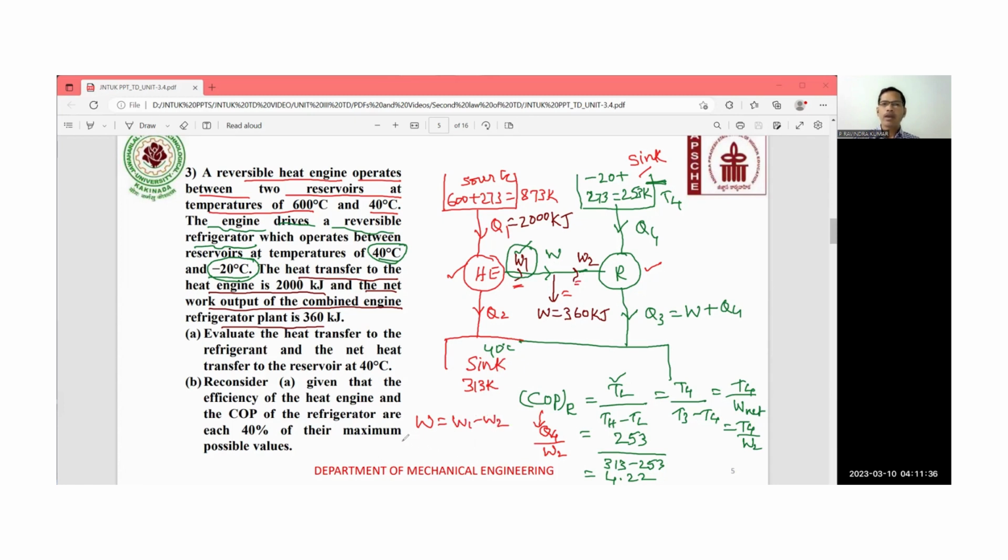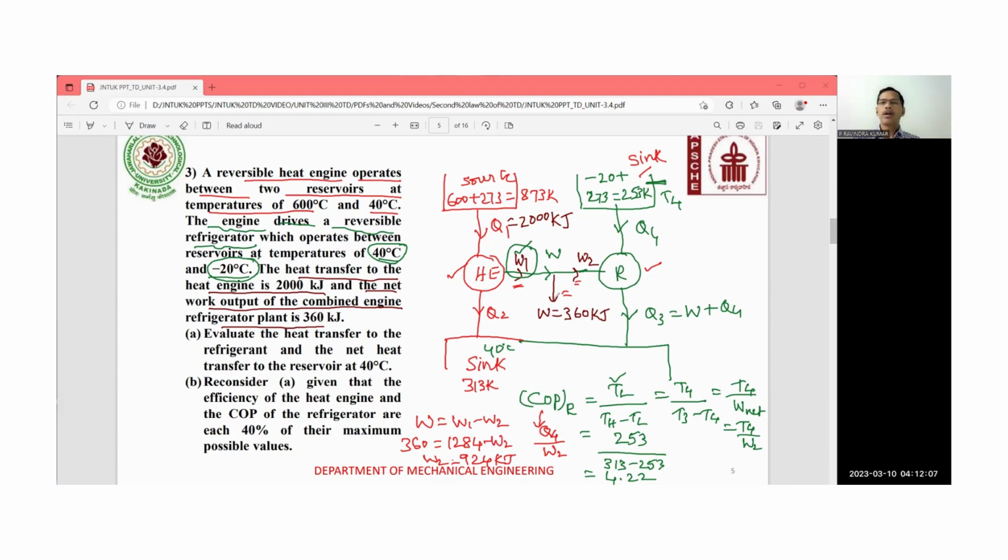What is W here? It is 360. W1 you have got as 1284 minus W2, so W2 you will get as 924 kilojoules.